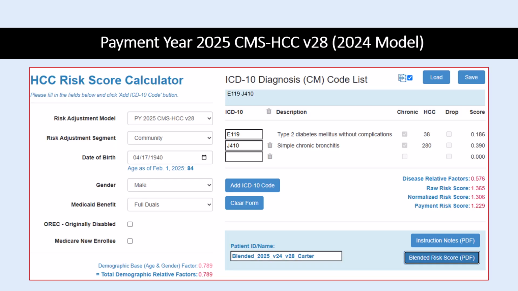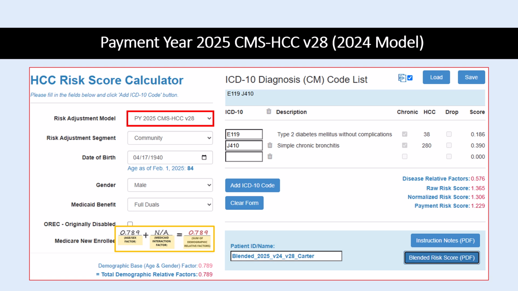To calculate the sum of Mr. Carter's demographic relative factors, we must first identify the correct factor for each relevant demographic variable. Since we know that Mr. Carter is a male aged 80 to 84, we need to capture the factor displayed in the cell that intersects row 80 to 84 years and the community, full benefit dual, aged column, which is 0.789.